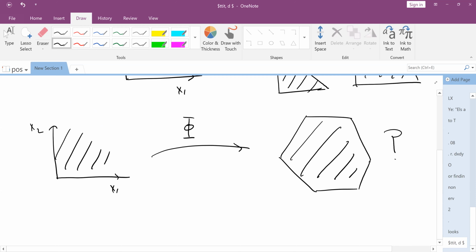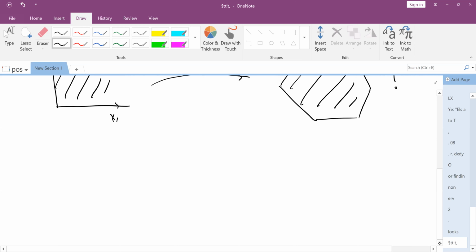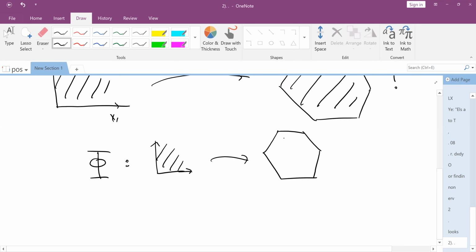Really, what we want is a mapping from this positive orthant, this positive quadrant, for example, to the inside of a general n-gon, which is one-to-one.